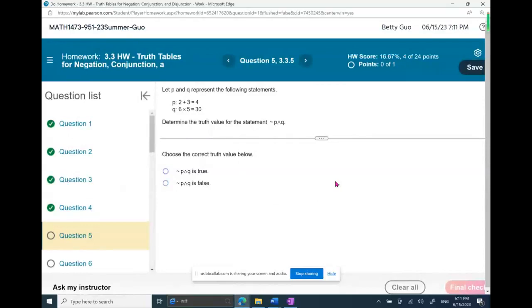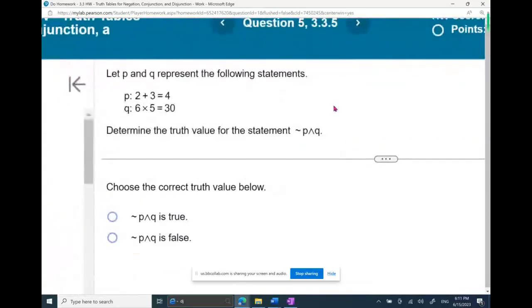Number 5. P is 2 plus 3 equals 4. That's false. Q is 6 times 5 equals 30. That is true. We need to determine the truth value for the statement, not P and Q. Here, the conjunction has 2 component statements.